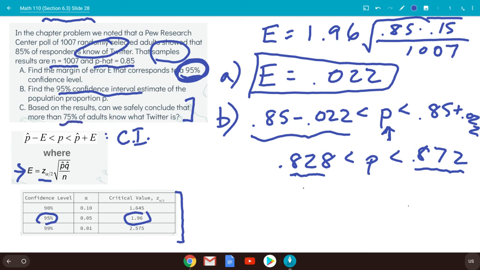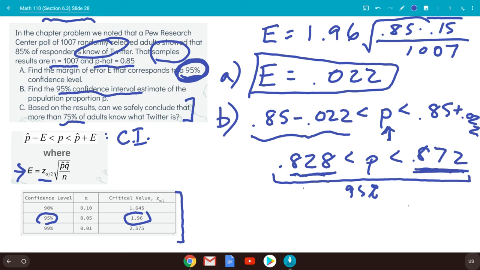So for part C, when it says, based on the results, can we safely conclude that more than 75% of adults know what Twitter is? Well, the conclusion here is that 95% of the time, the number of people who know what Twitter is between 82.8 and 87.2. So 75% is much less than 82%.